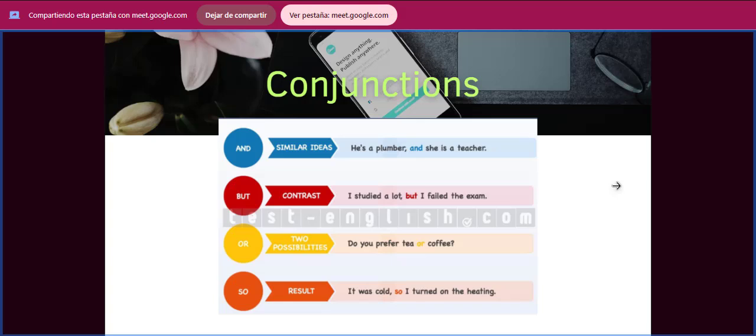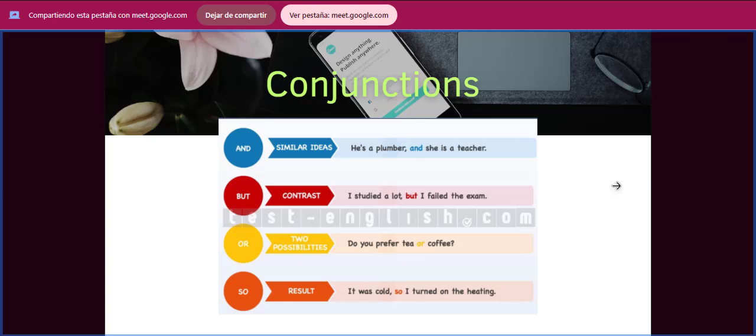There are a lot of conjunctions that you can use as well. Remember that conjunctions, what they do is to join two sentences. So we can join two complete sentences, or we can join two ideas to make a sentence more complex, or to provide a more complete meaning.